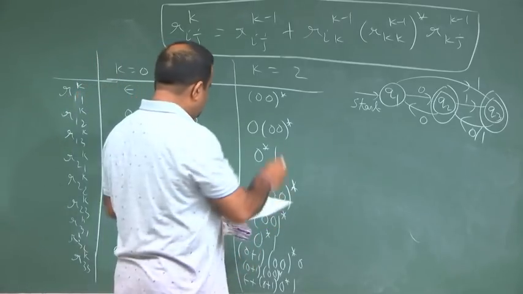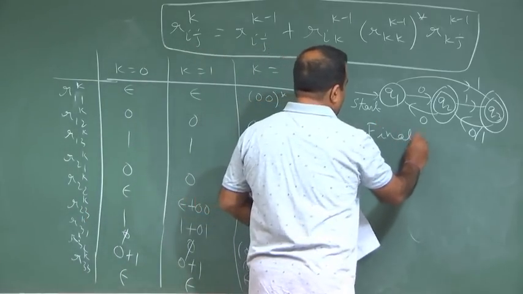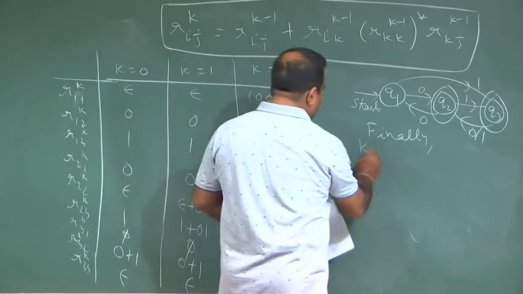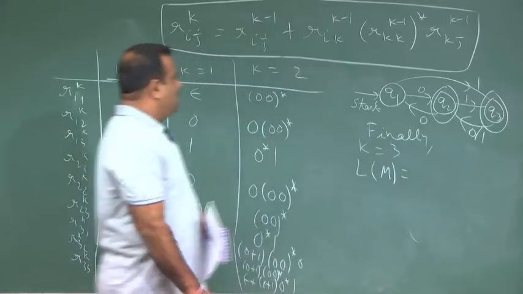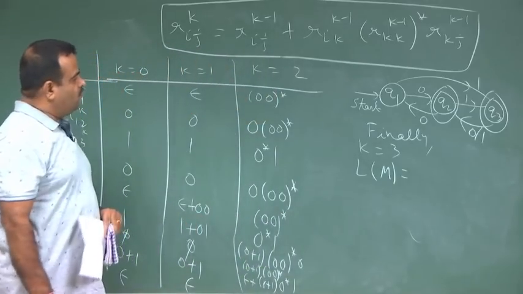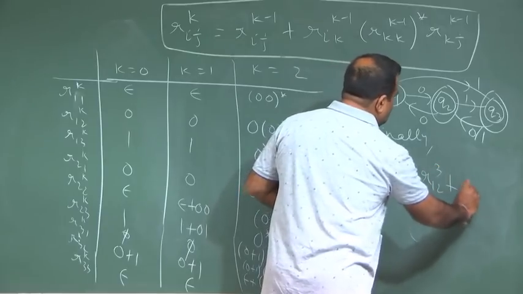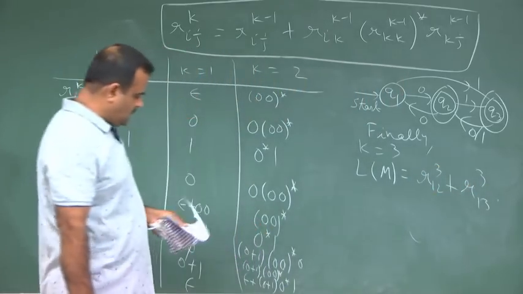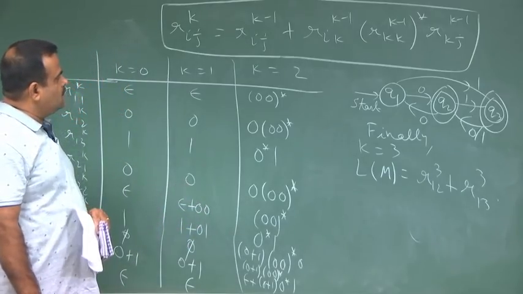After completing all this, finally our answer for k is equal to 3 is L of M equal to R 1 2 3 plus R 1 3 3. So we need to find out these two.